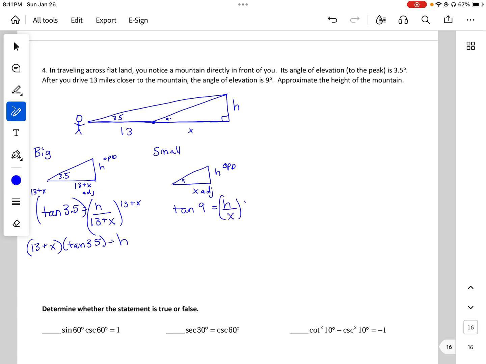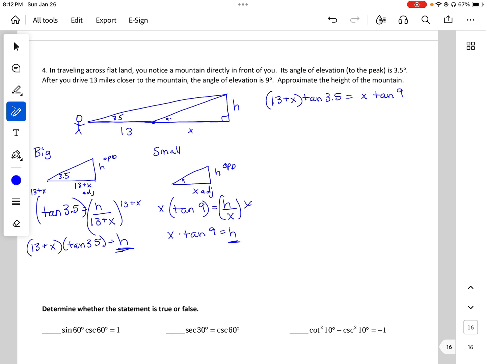Multiply both sides by x. X times tan 9 equals h. Okay. All right, so see how these both set h? So that means I can actually set them equal. So I'm going to say 13 plus x times tan of 3.5 equals x times tan of 9.